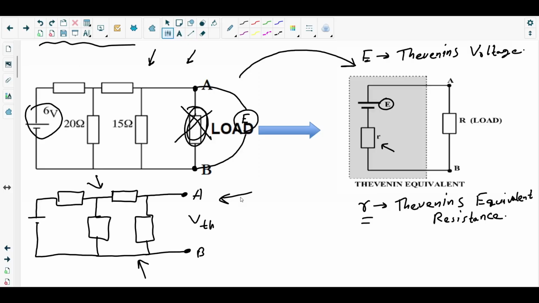That's why I said the Thevenin's voltage is basically the voltage that is available for the load resistor to take. Now we got the Thevenin's voltage there, and we got the Thevenin's equivalent resistance, fine.